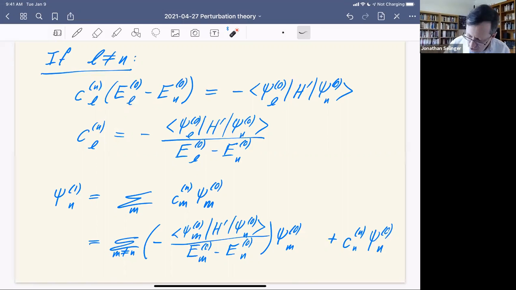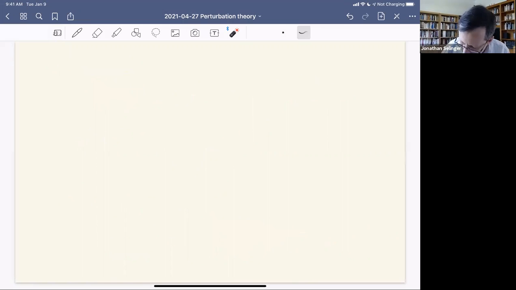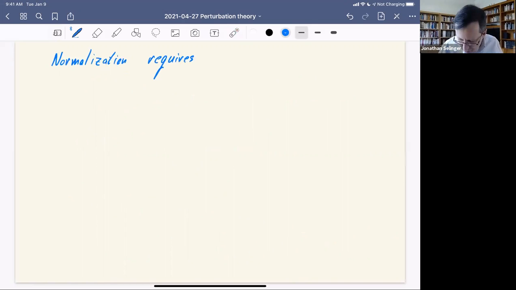So we want to say that normalization requires that the inner product of psi n with psi n equals 1, for all n's.